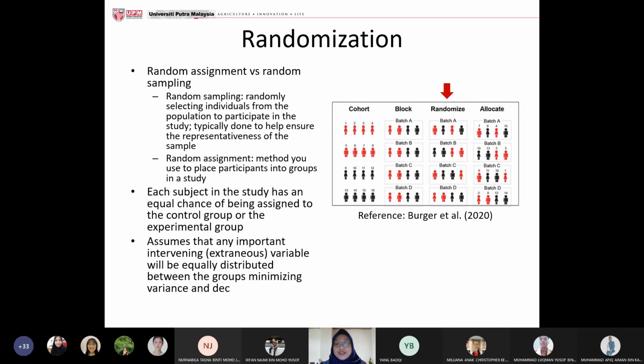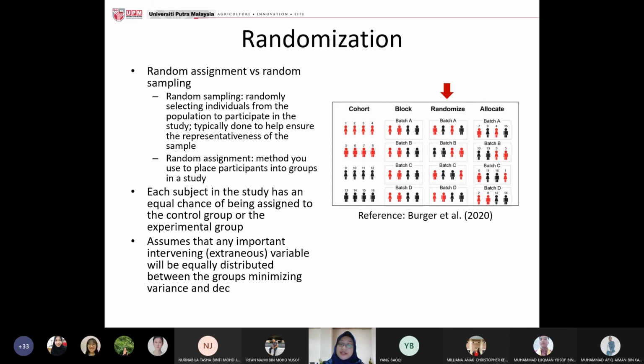This is more easily seen if you're doing surveys, because you have your survey and you have your population. Remember, to make your research valid, you have to be able to ensure that your findings can represent the population that you chose.